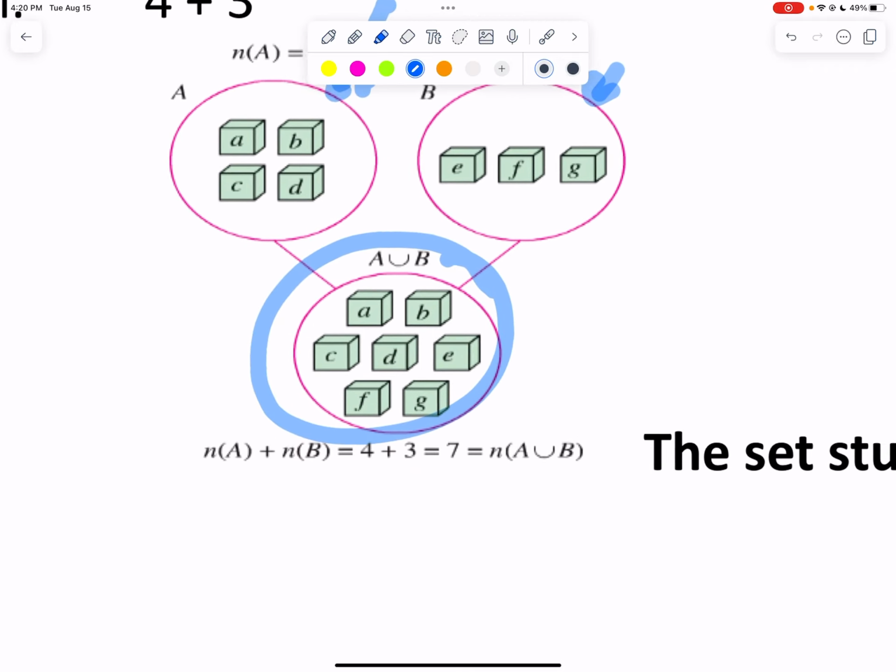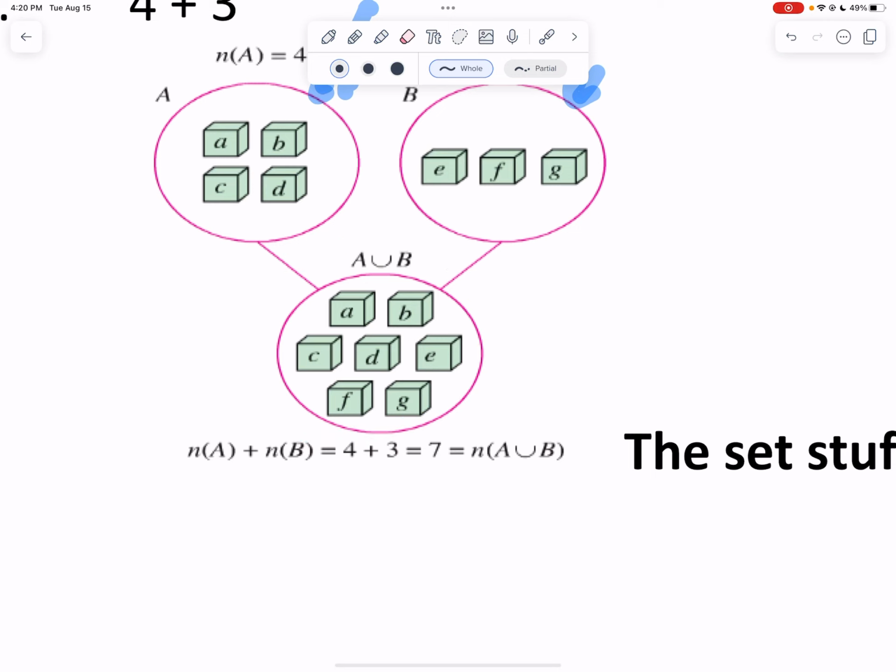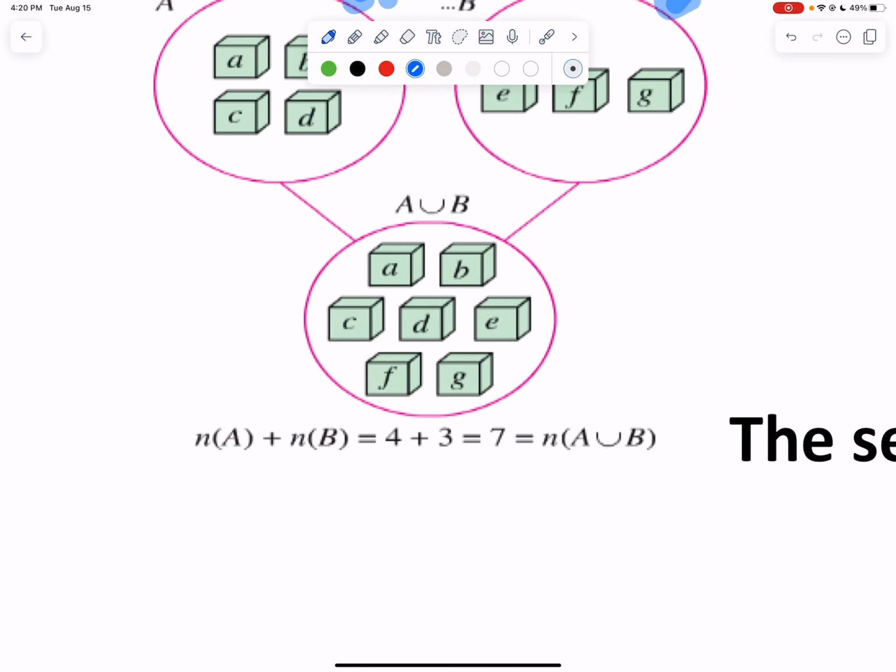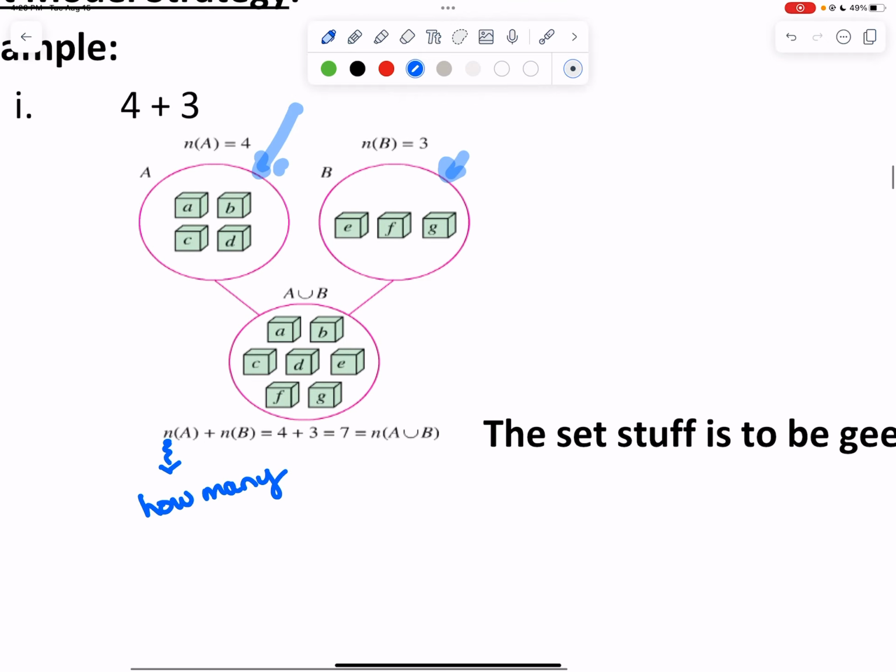Let's look at this geeky stuff down here at the bottom. Do you see this little n? The n in front just means how many numbers are in that set. How many is in set A? Here's set A. I've got 1, 2, 3, 4, so that's going to be 4. And how many's over here? 1, 2, 3. So that's going to be 3.